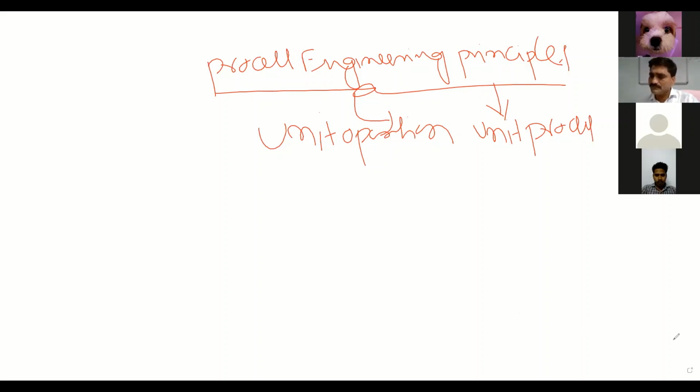Bhavya, what do you mean by unit operation? How do you define unit operation? The operations that we perform for industrial purposes. Unit operation means that which deals only with physical changes.